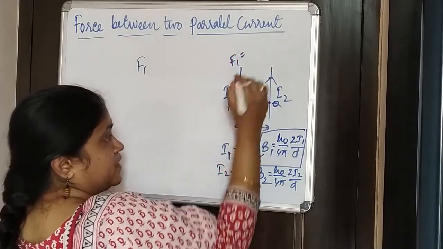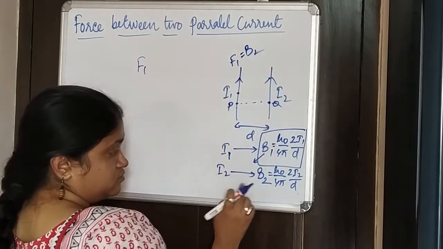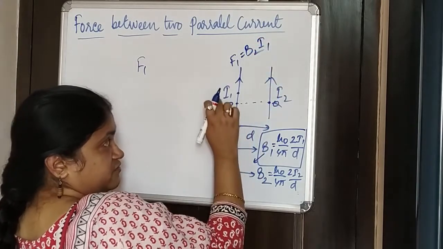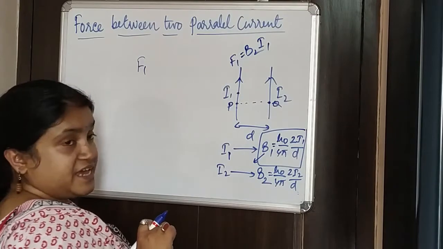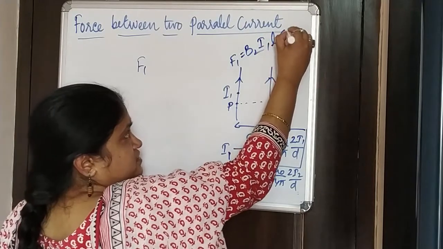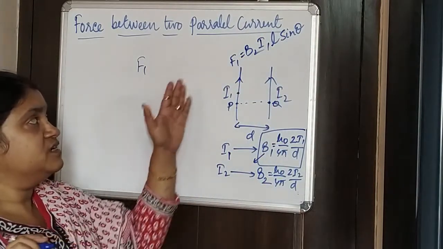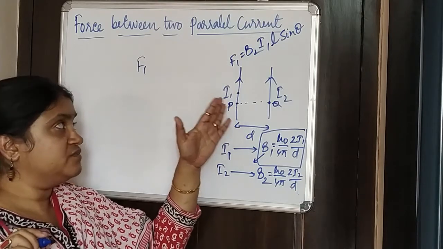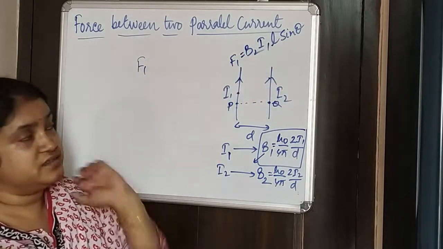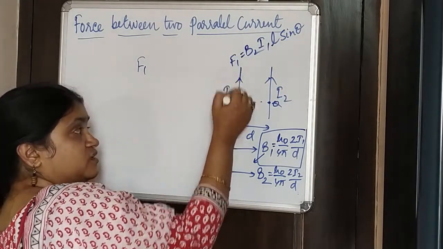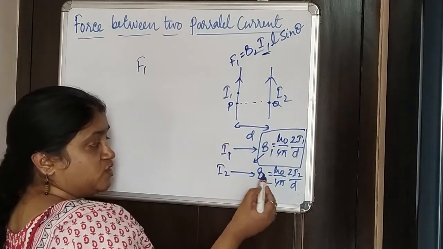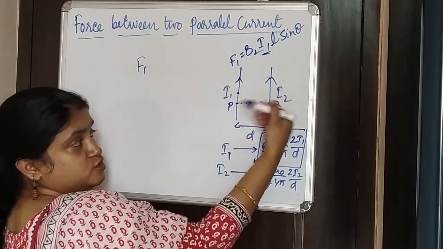This force will be the magnetic field B2, due to the current I2, times the current I1, whichever current it is carrying, times the length of the wire, suppose this is L, times sine theta. We have already learned that the magnetic force on a current carrying wire is BIL sine theta. So this wire carrying current I1 will feel a force due to the magnetic field B2 produced by the other current.